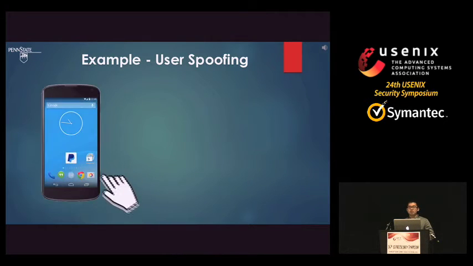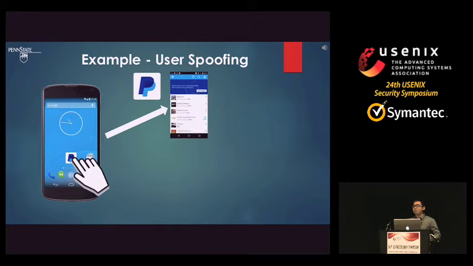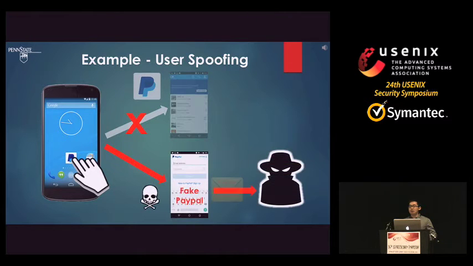In this example, the user intends to open up the PayPal application. However, instead of showing the PayPal app, a malicious fake PayPal activity controlled by the attacker shows up, and the PayPal account password is then stolen by the attacker. The question is, how does the system show the malware instead of the PayPal activity?